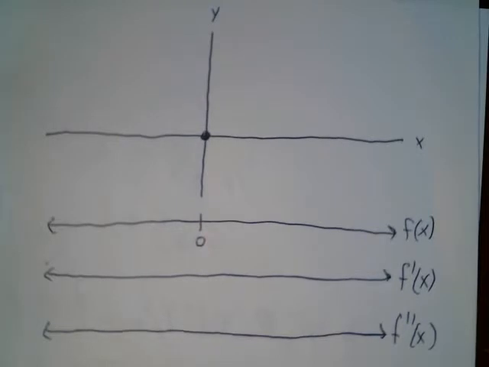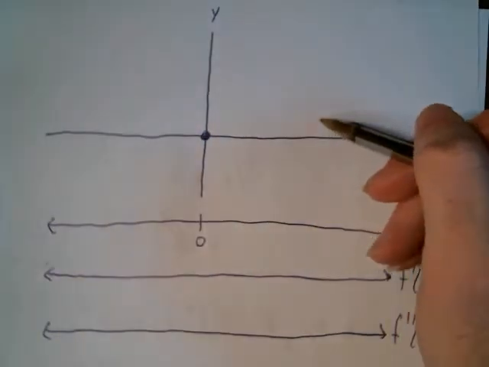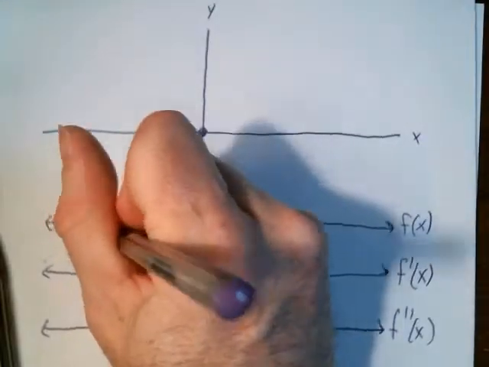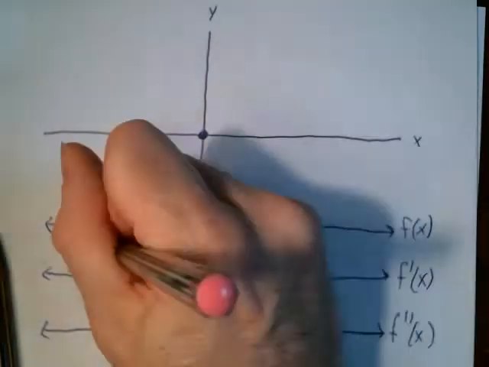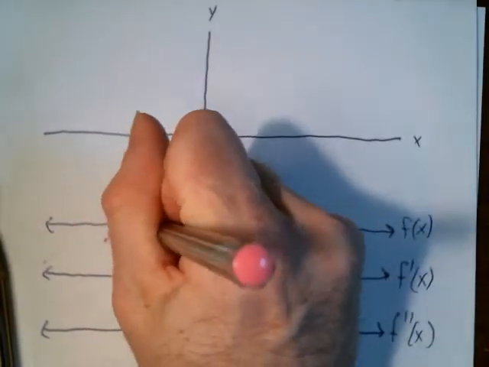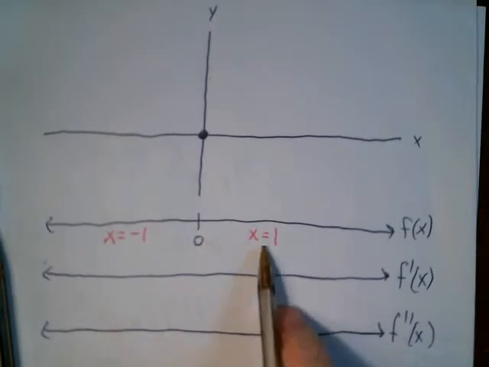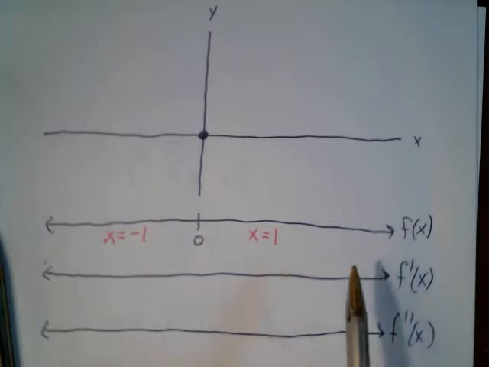Let's go ahead and then find the sign of this function in the xy plane. So we could do some test values. So try x is -1, and then over here x is +1, and you're plugging these numbers into the original function to see the sign of the function. Okay.